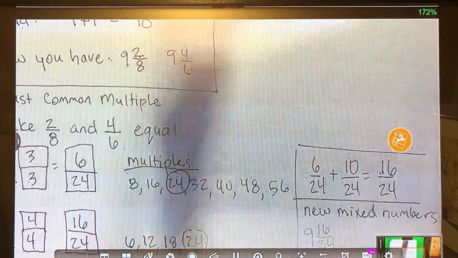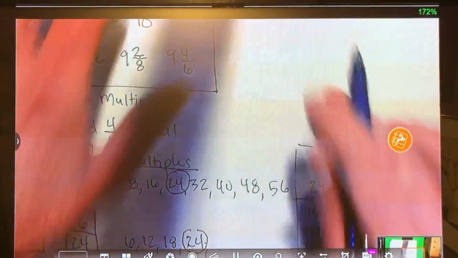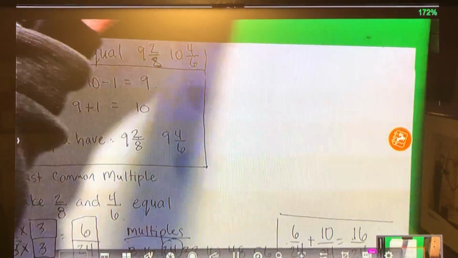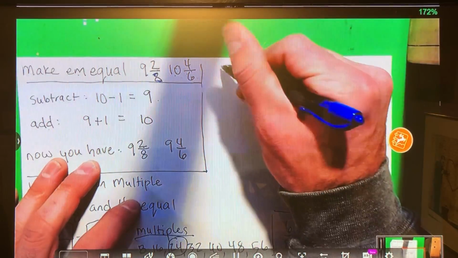Okay, so I'm going to write up at the top of this box here, simplest form.